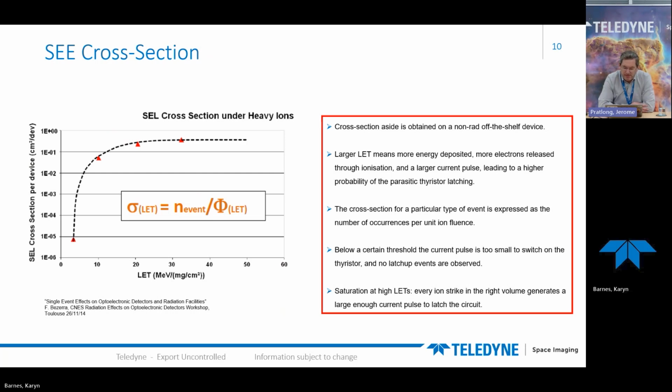As the LET becomes larger, therefore more energy deposited, more electrons are released through ionization. That means a larger current pulse is created, and that leads to more and more possibility to have a positive thyristor latching. That's what we see as the curve increases with the LET.